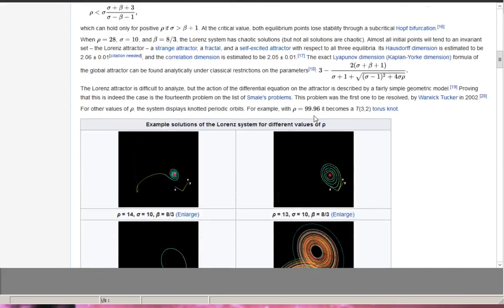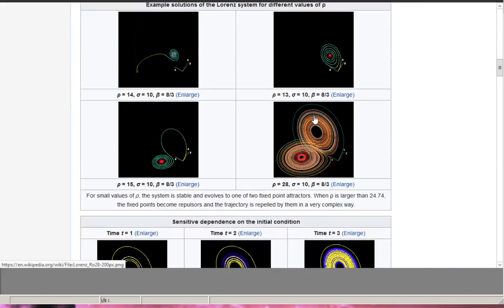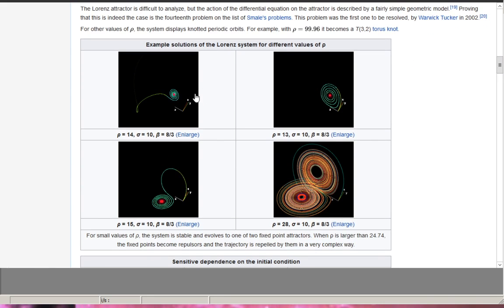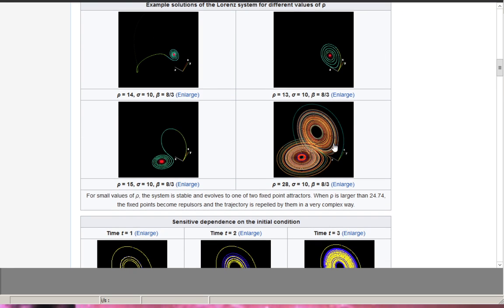So I think we want a rendering. You can see what happens here. As it first starts out, depending on certain values, this dot may go off into infinity, or it may develop this attractor, which is down at the bottom.